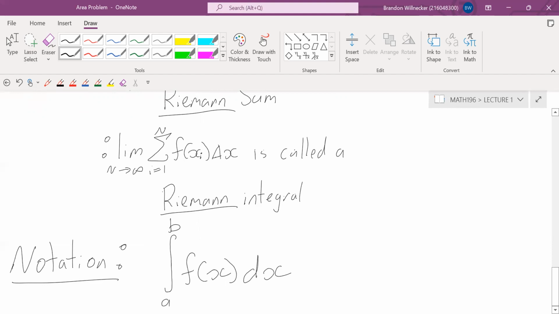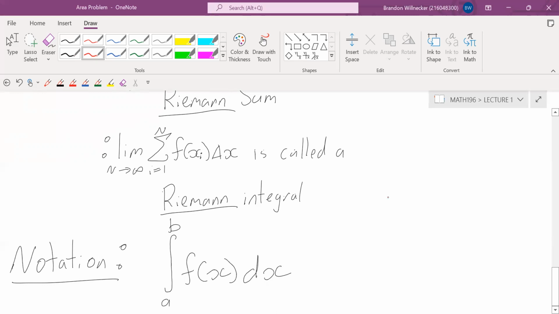So this delta x that we had before now becomes a dx, much like in differential calculus, where you had delta y over delta x as your average gradient, and then that became dy by dx.